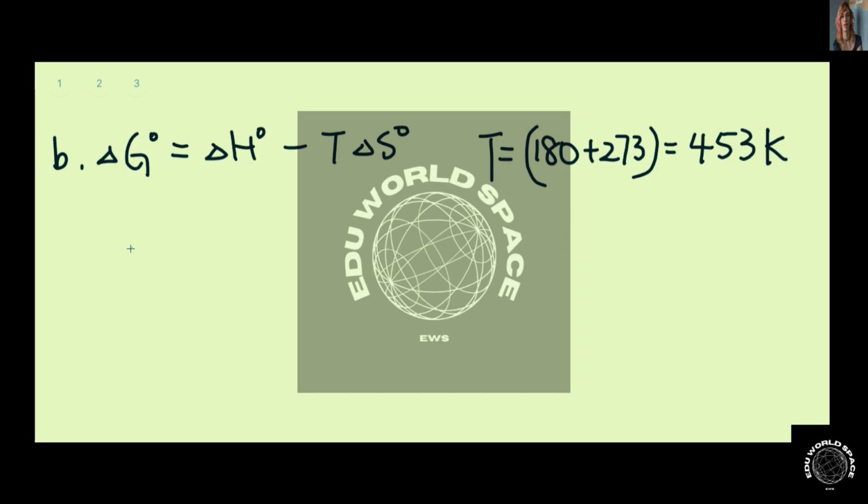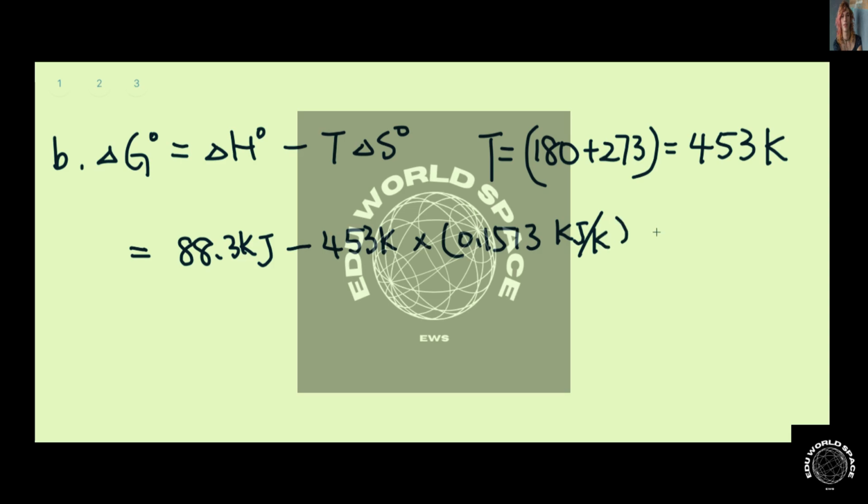So in this case, delta G equal to 88.3 kilojoules minus 453 Kelvin times 0.1513 kilojoules per Kelvin, and this will be equal to 19.8 kilojoules.